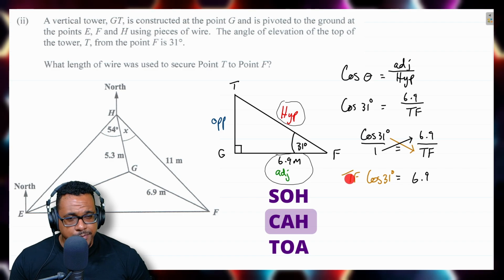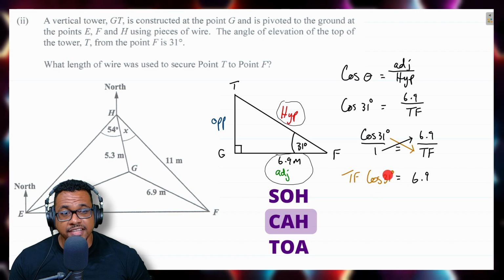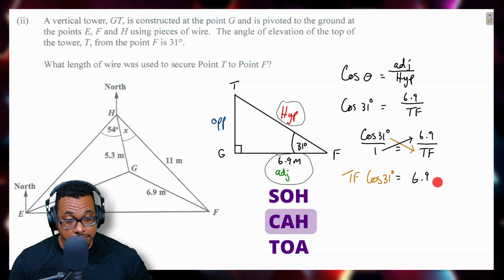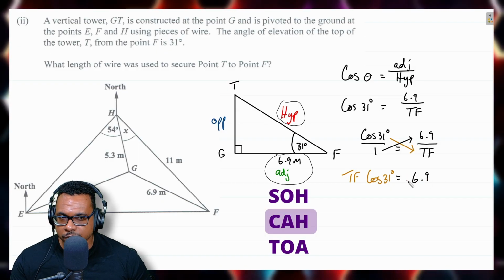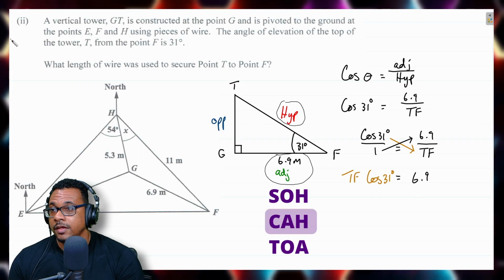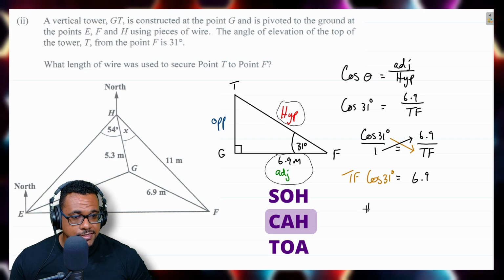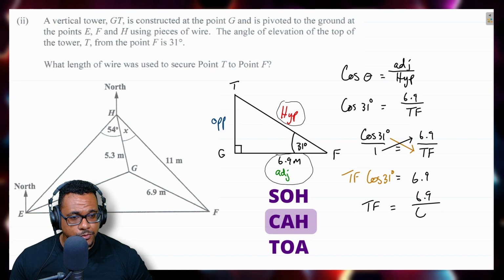Now TF is being multiplied by cosine 31, so when we transfer the cosine 31 across the equal sign, it'll turn to division. It'll go under the 6.9. But you can say, divide both sides of the equal sign by cosine 31. So what we're going to get is TF is equal to 6.9 divided by cosine 31 degrees.